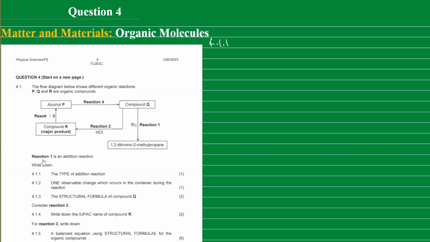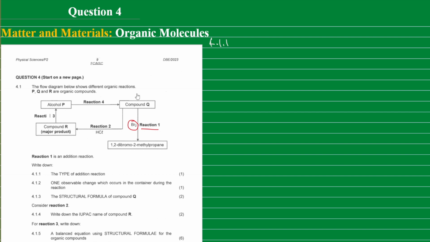We are given that reaction 1 is an addition reaction, and we see that there is Br2, which is bromine, being added. So write down the type of addition reaction that we have here.